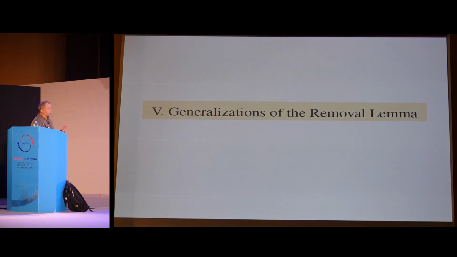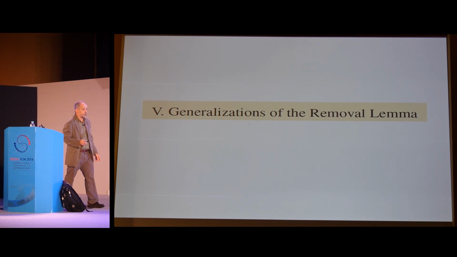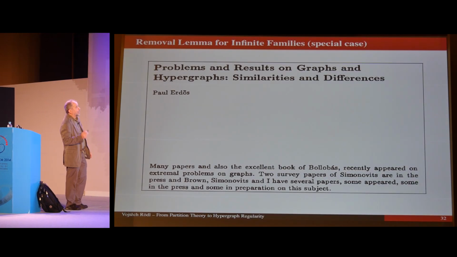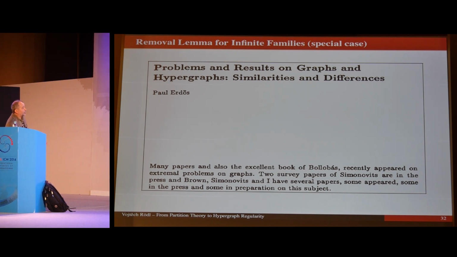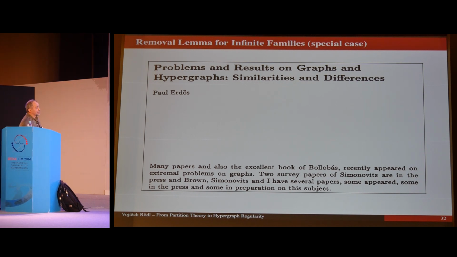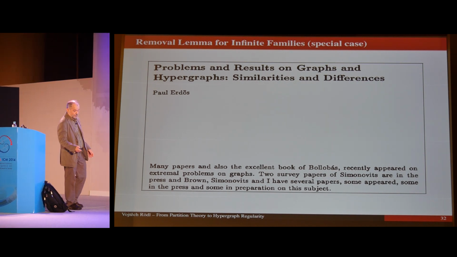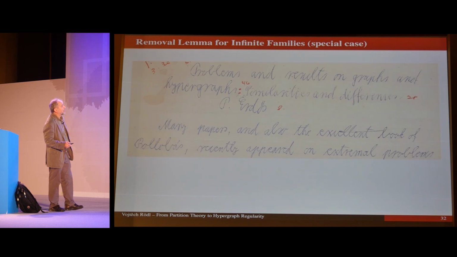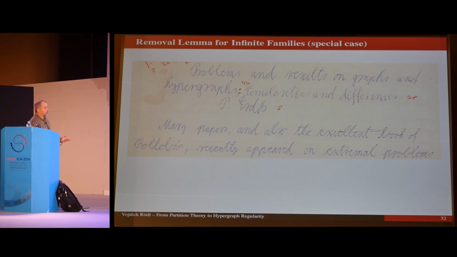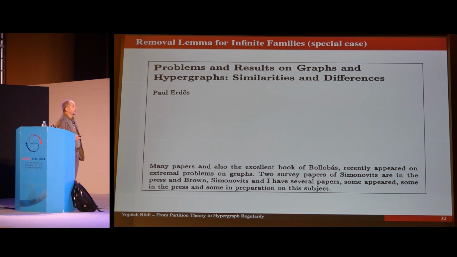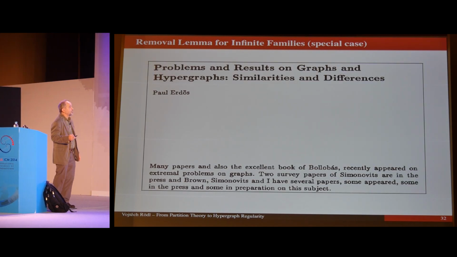And actually, so generalizations of the removal lemma. The first time this question was asked, perhaps, was by Paul Erdős, who asked many questions in this area of combinatorics. He submitted a paper to a conference volume which we edited with Jarek.